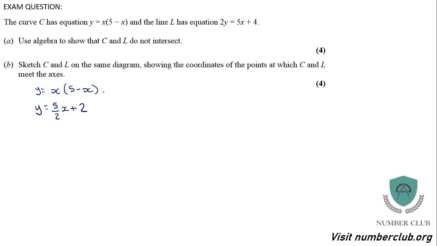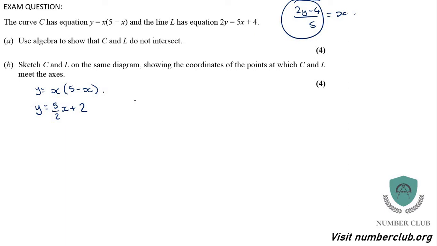That way I can just glue these things end to end. I do not want to isolate x in my linear. If I did, it'd be 2y minus 4 all over 5, which equals x. That's horrible in itself, and then to substitute it into the curve would be extra horrible. So I've decided to isolate the y because it's much simpler looking in the curve.